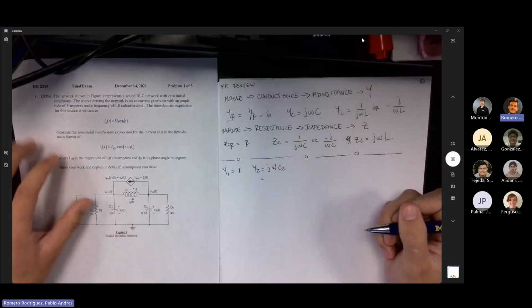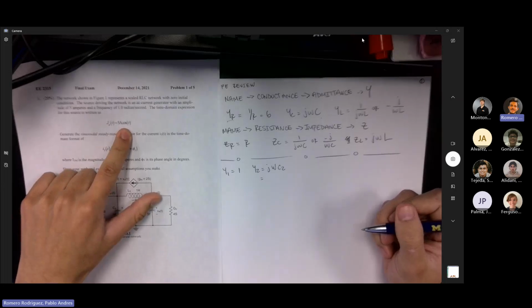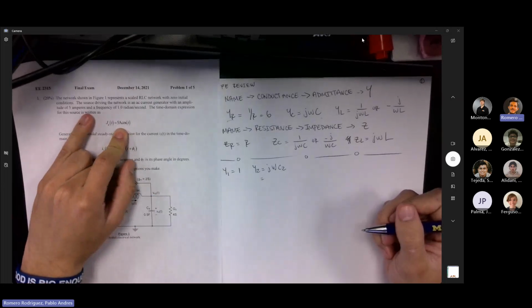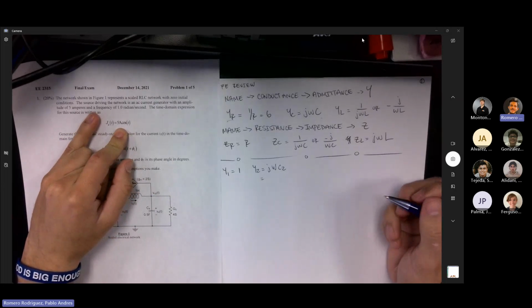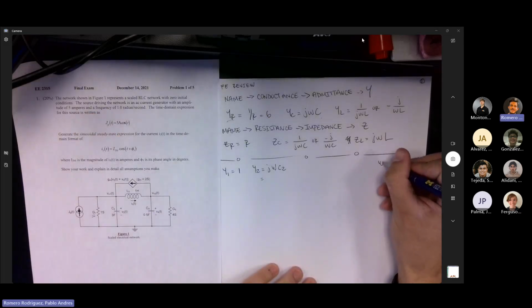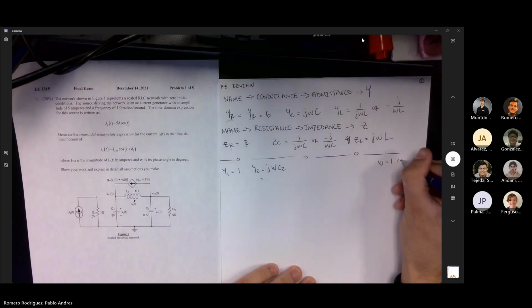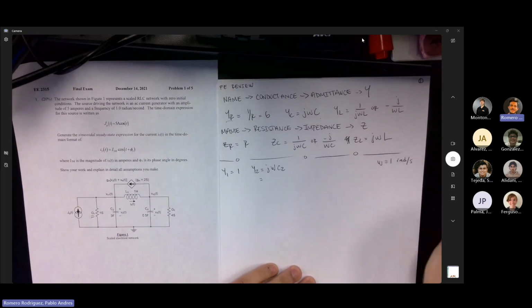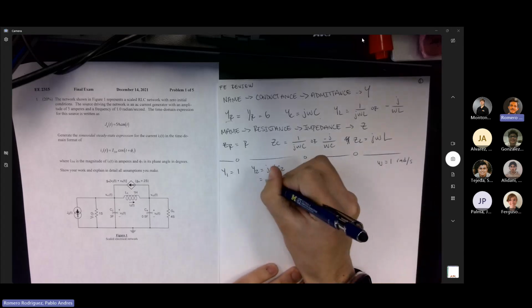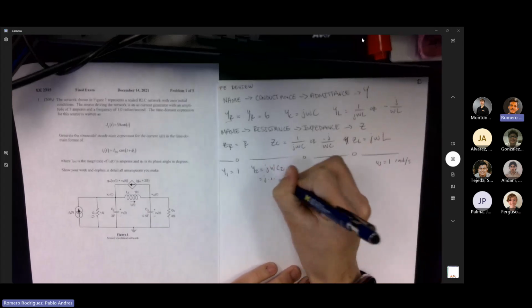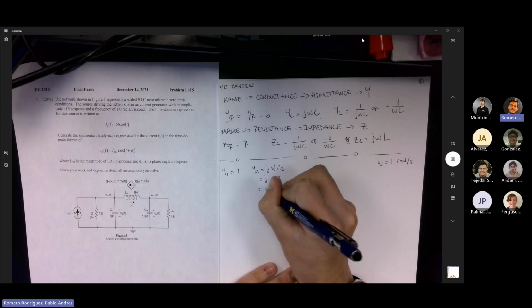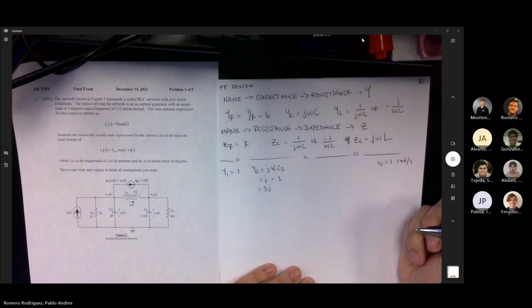Our omega is whatever frequency we're operating in. Notice that the problem also gives you the frequency, 1 radian, so omega is equal to 1 radian per second. So our value for this should be J times 1 times 3 farads, which is just 3J.